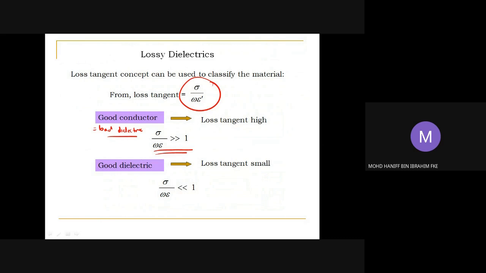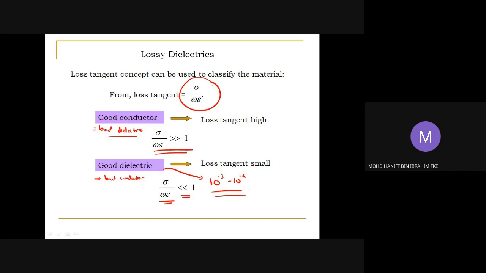Whereas for good dielectrics, which is the case of a bad conductor, we are supposed to have a very small loss tangent. We have agreed on this just now. A good dielectric has a very small loss tangent, given by a value very much smaller than 1. Typically for a good dielectric the value is about 10 to the power -3 to 10 to the power -4.